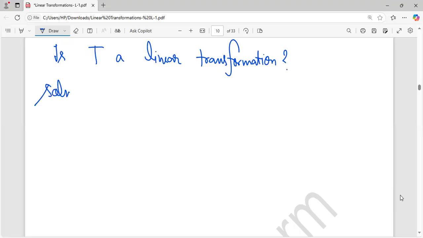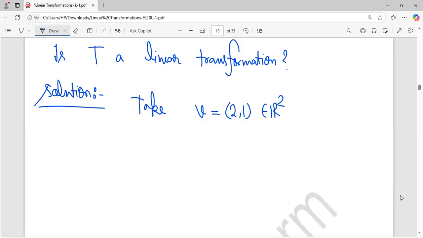Solution. Take v is equal to (2, 1). Then T(-v), that is T(-2, -1).